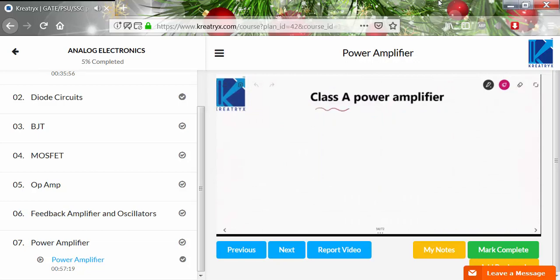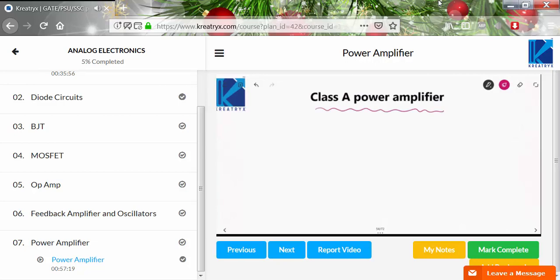The first classification, class A power amplifier. A class A power amplifier means the amplifier in which the operating point is located approximately at the center of the load line. Due to this, the output current and voltage can be varied symmetrically with respect to the DC value, right?